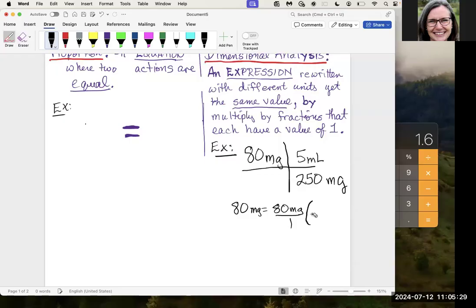If I then multiply that fraction by a fraction that has a value of 1, I want my milligrams in the denominator, so the milliliters will have to be in the numerator, so 250 milligrams is the same thing as 5 milliliters.